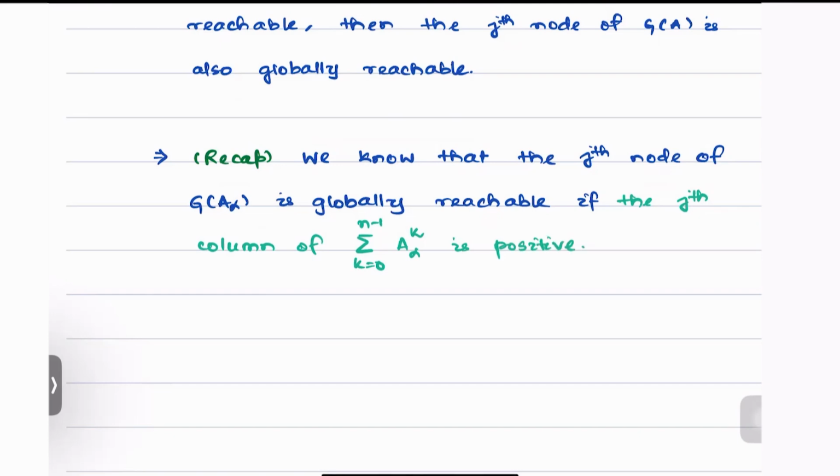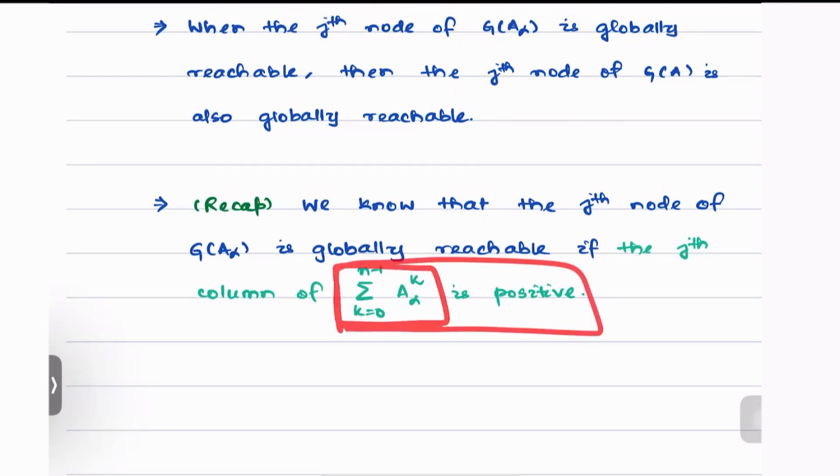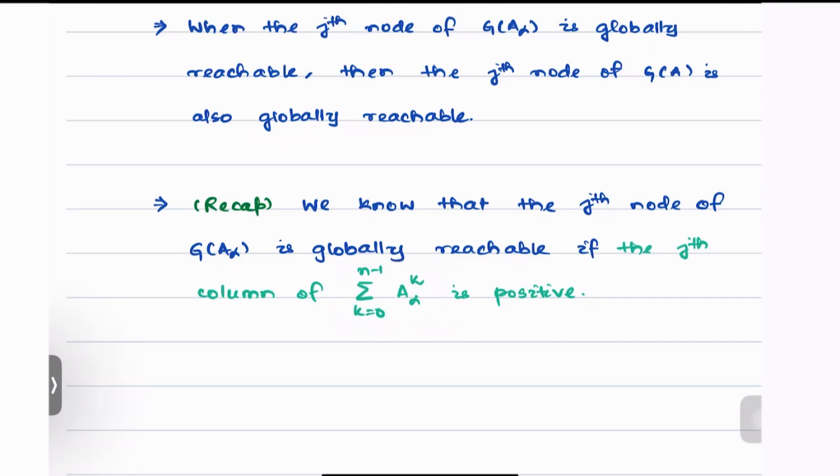So now we started by saying that, let's say the jth node of G(A_L) is actually globally reachable. Then this property holds: the jth column of this entire summation of matrices is positive. What happens then? How does this relate to the Laplacian exponential?